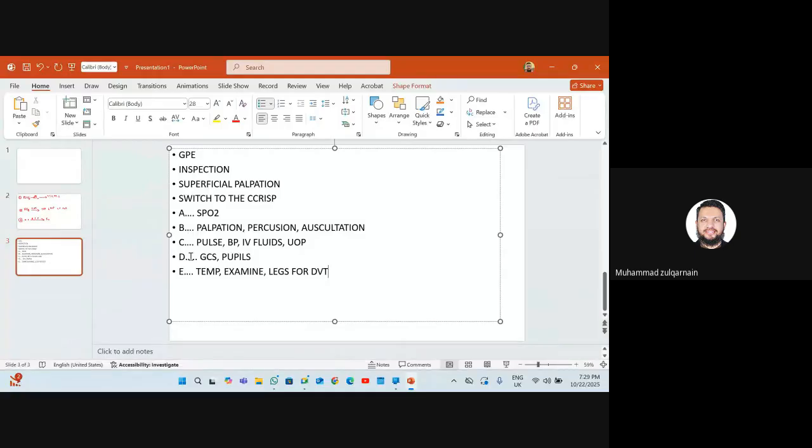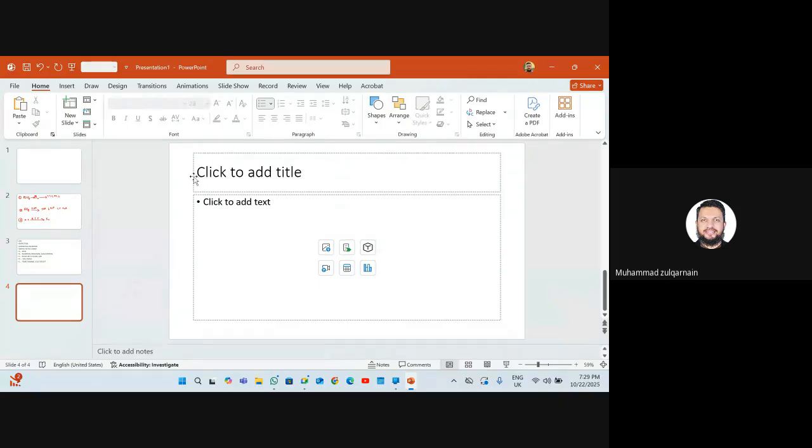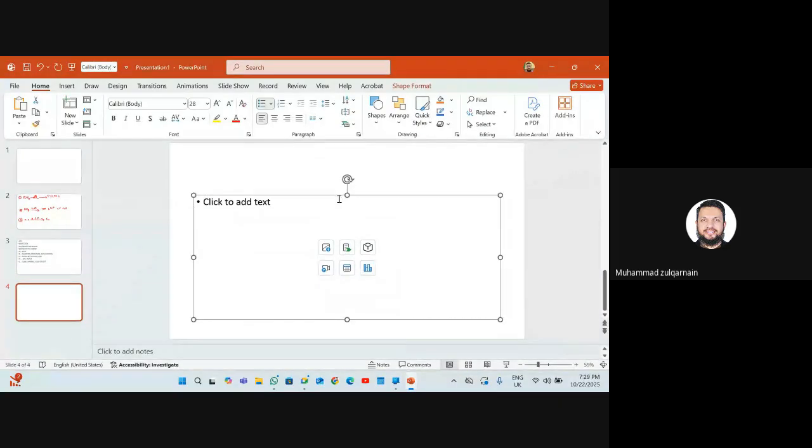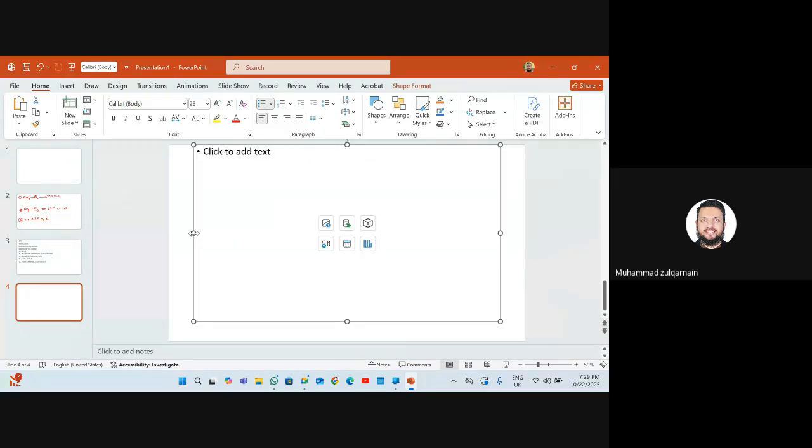So what you have to see on the chart, this is particularly important, and I will make a separate slide for that, because there are two stations for you to assess the chart. One for sure is the post-operative, if the CCRISP comes to you in the exam. Second one is if you are having a phone call. There you have to see the whole chart of the patient.